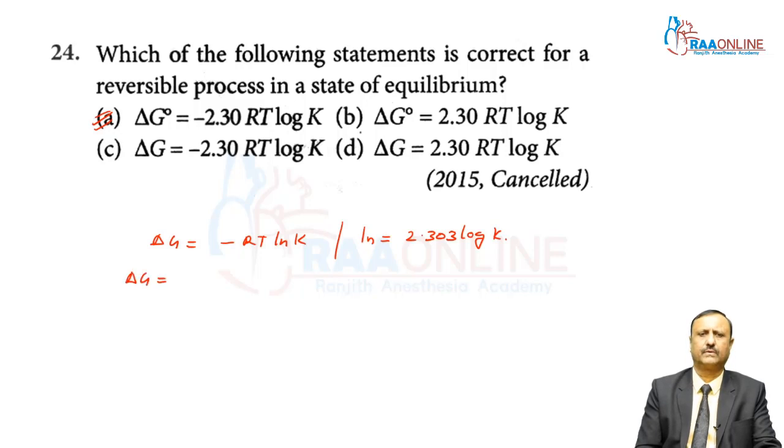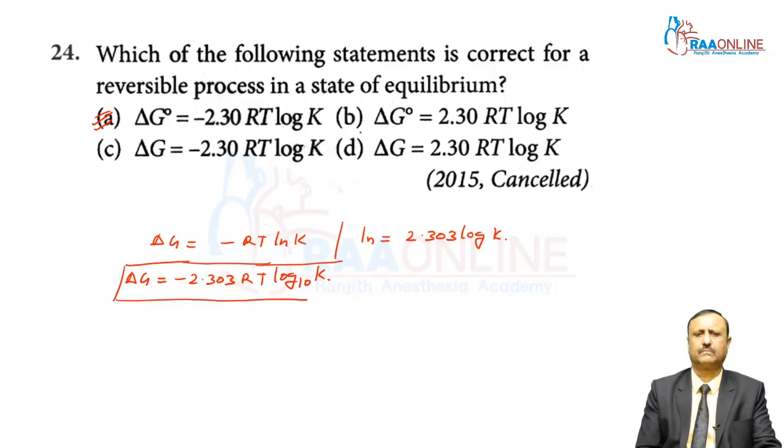So you can find delta G equals minus 2.303 RT log K. This is the answer.